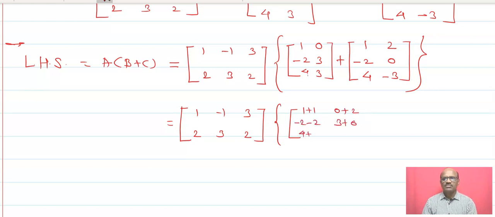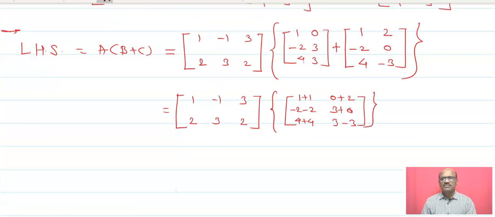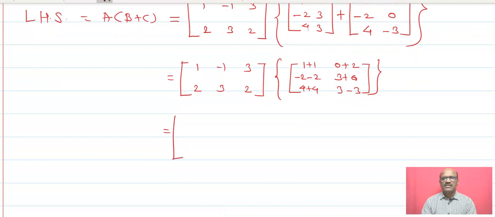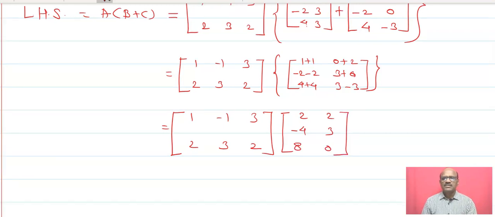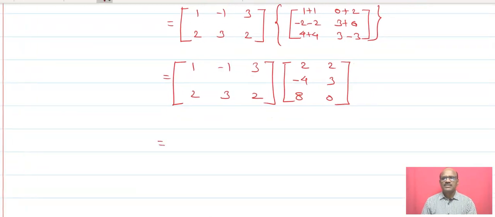First of all we add the two matrices, that is, add the corresponding elements, and then you will get the matrix of their addition. Now the multiplication: first row, first column, that is 1 into 2, minus 1 into minus 4, 3 into 8, that is the first element.